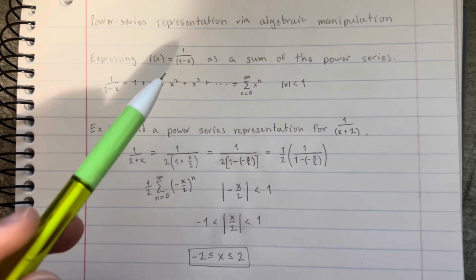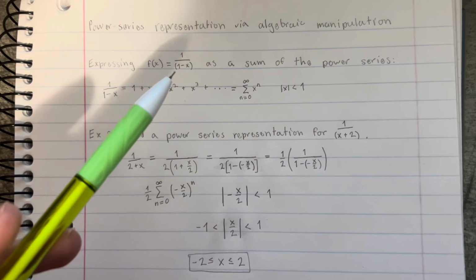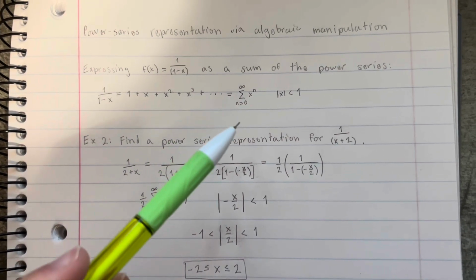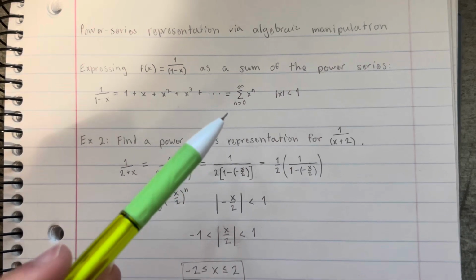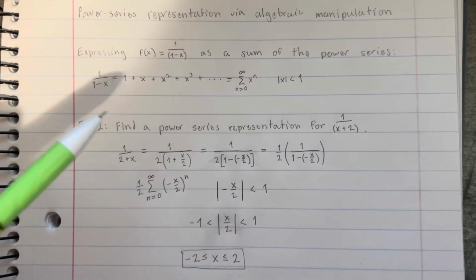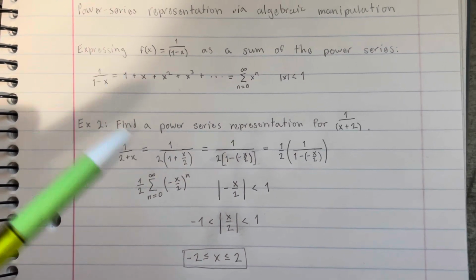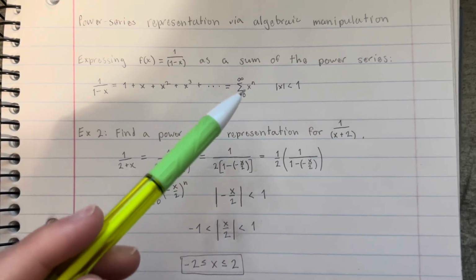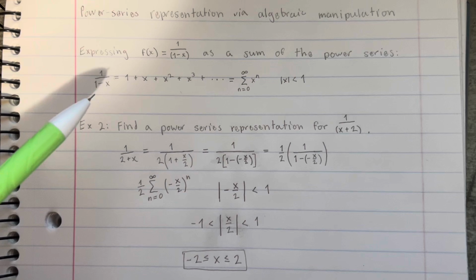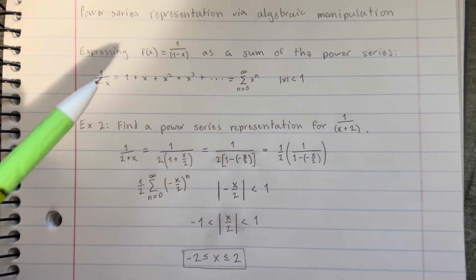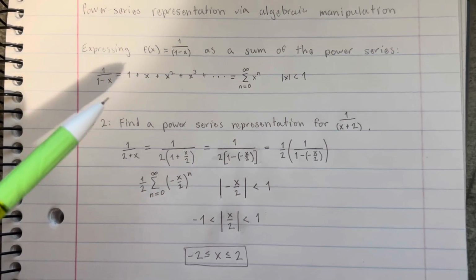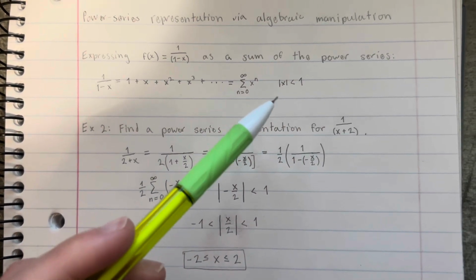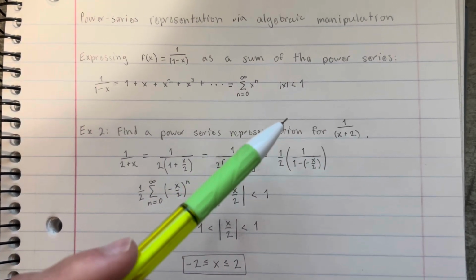The first thing we should know about representing a function as a power series is the geometric series. And since the geometric series is a type of power series, we can use it to represent any function as a power series. So the geometric series is the sum of x to the n, and the equation for the geometric series is 1 over 1 minus x, and it converges when the absolute value of x is less than 1.